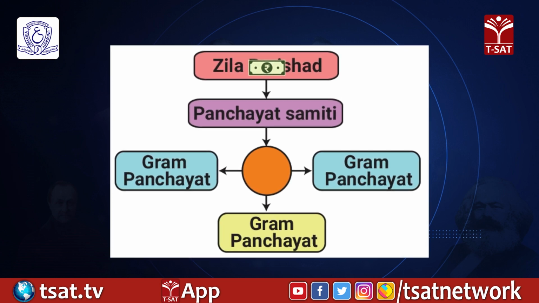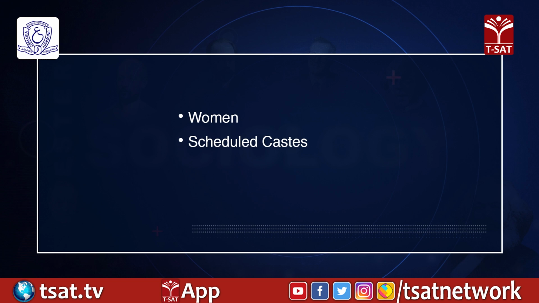As has been stated earlier with regard to the Gram Panchayats and Panchayat Samitis, there is a provision for reservation of seats for women, scheduled castes, scheduled tribes, backward classes, and women belonging to these classes not only among the members of the district panchayats but also among the chairpersons of these panchayats.